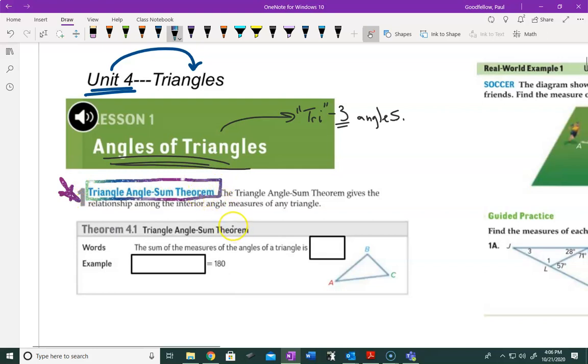If you were looking at any given triangle, say like down here below, you would look at the inside angles of this triangle right here, all 3 of them, and it turns out that if you took all of those angles and summed them up, regardless of what kind of triangle you make, even if it's an obtuse one like that, the sum of the measures of the interior angles of a triangle is 180 degrees.